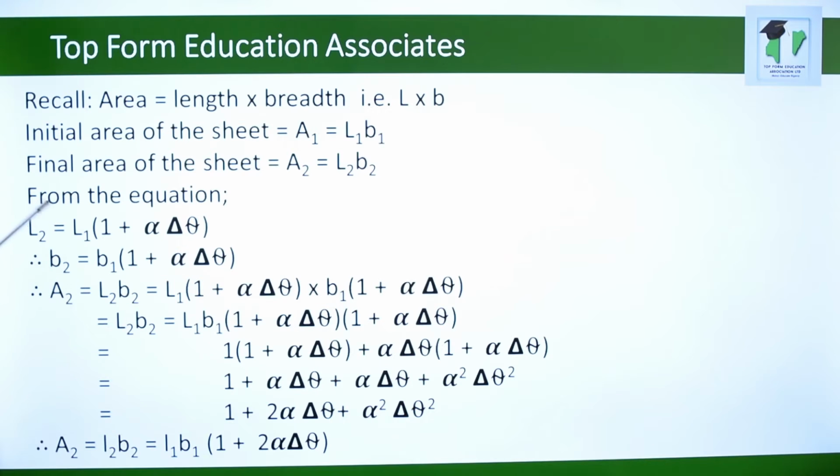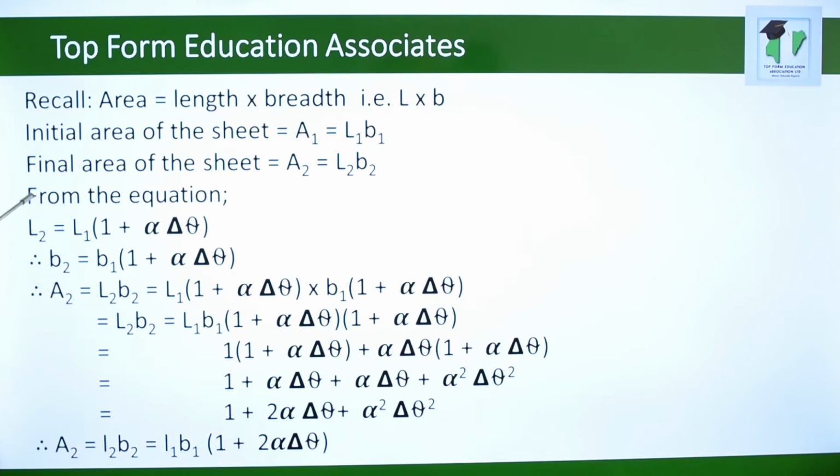From the equation we have derived today, the final length gives you the initial length into 1 plus alpha change in theta. Therefore, if L2 is this, our B2 will give us B1 into 1 plus alpha change in theta. Is that okay?